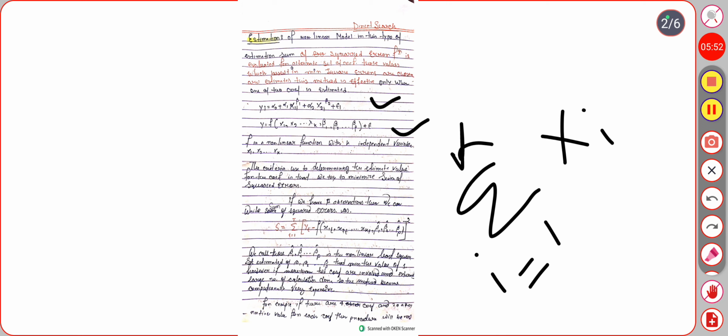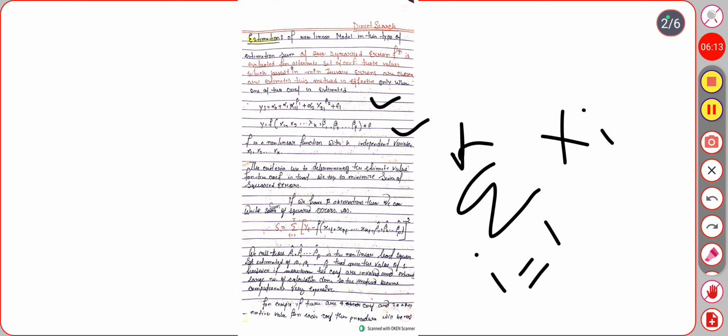The criterion used to determine the estimated values for the coefficients is that we try to minimize the sum of the square error. So our objective is to minimize the sum of the square error.